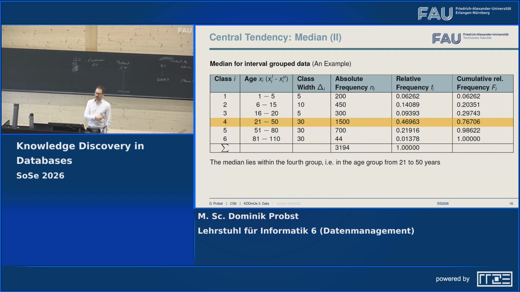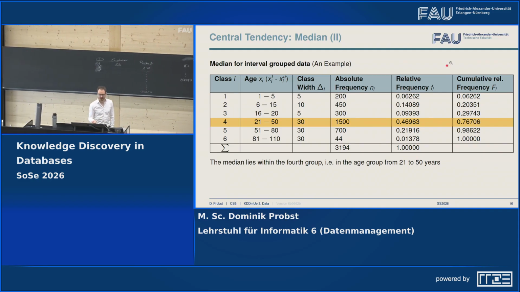If we now add up this frequency from the lowest to the highest group, we can get the cumulative relative frequency. So we know that about 6% of people are at most 5 years old, then 20% of people are maximum 15 years old, 29.7% of people are at most 20 years old.